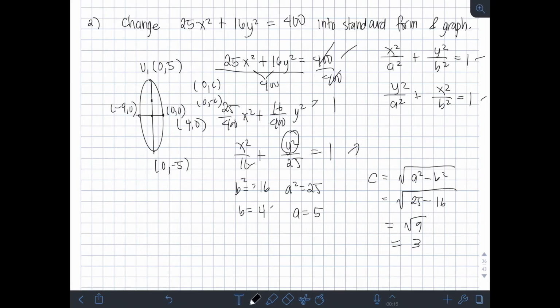So, therefore, we have, let's say, ito yon 0, 3, and ito yung isa, 0, negative 3. Okay, so yung length ulit ng ating major axis is 2 times 5 or 10, at yung length naman ng ating minor axis is 2 times b or 8.